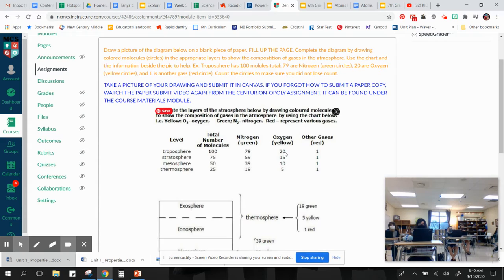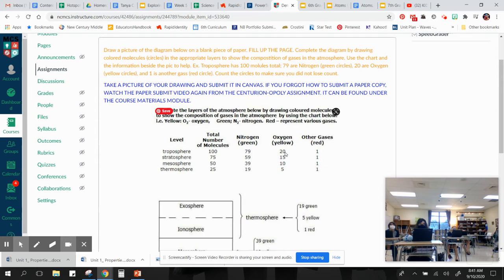For example, the troposphere has 100 molecules total. 79 of them are nitrogen, so you'll have to draw 79 green circles for the troposphere. But it also has 20 yellow circles, or 20 oxygen molecules, and one other gas. So you'll draw that other one with a red circle, okay?